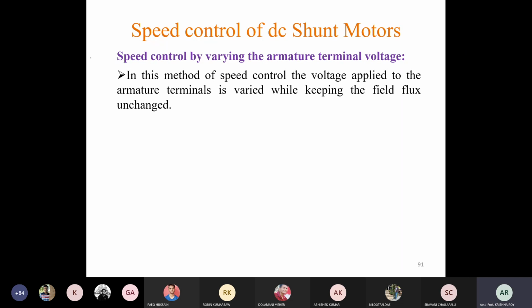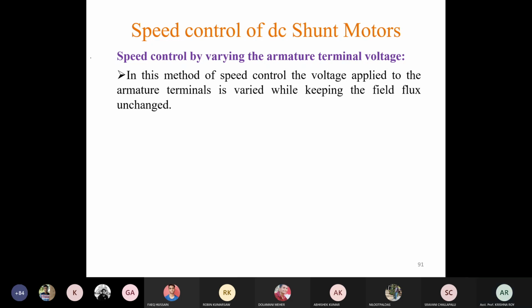Now from the circuit diagram, you will see that whatever voltage is applied across the armature, the same voltage is applied across the field winding also in case of a DC shunt motor. So if we change the terminal voltage, the applied voltage across the field winding will also change. Then how to keep the field flux fixed?